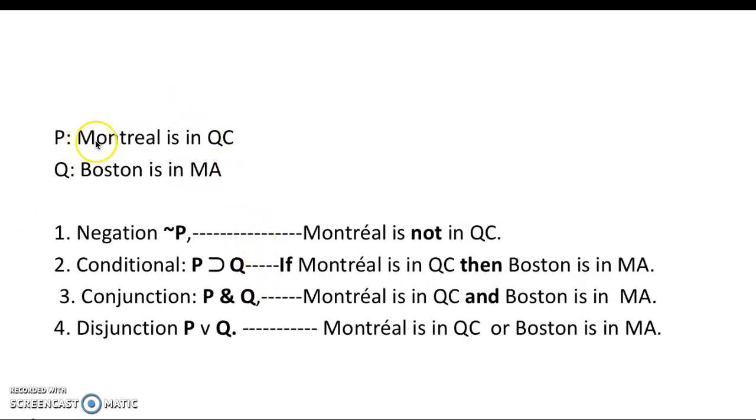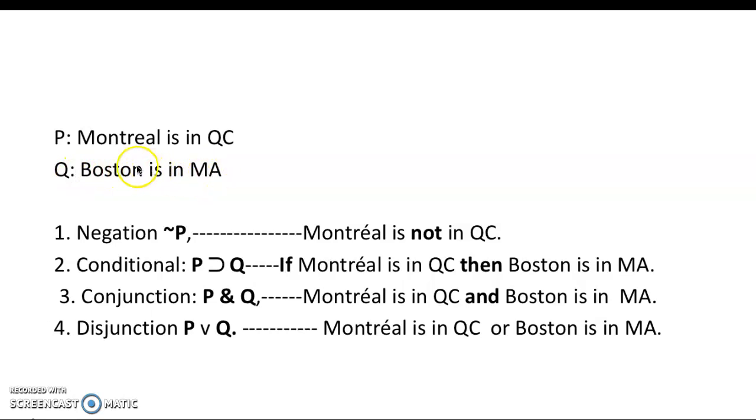So whenever you have a simple sentence like this, you primarily symbolize the sentence by assigning to it one of the alphabet letters. So here we just chose P for Montreal is in Quebec and Q for Boston is in Massachusetts. So in symbolic logic, P just means Montreal is in Quebec and Q just means Boston is in Massachusetts.